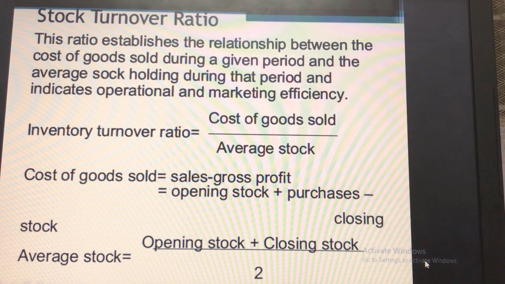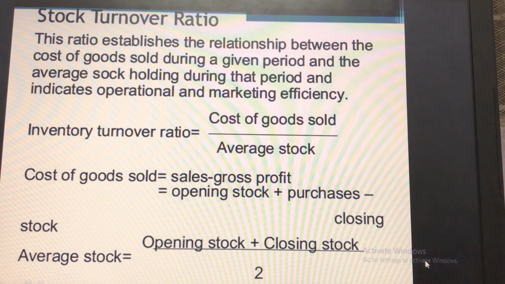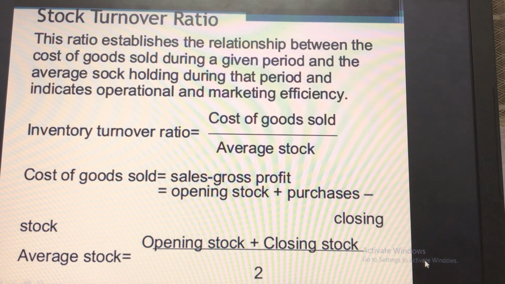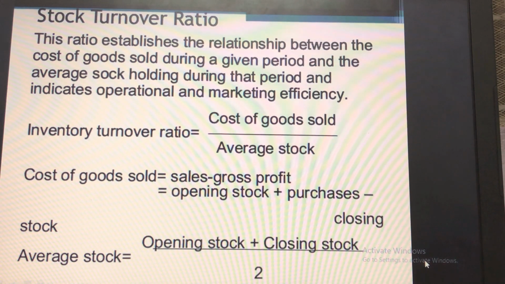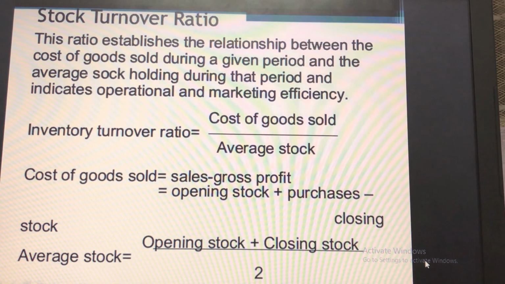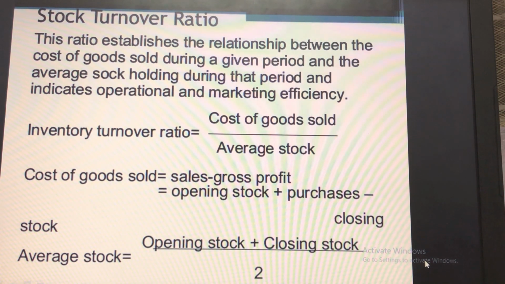Here, cost of goods sold is equal to sales minus gross profit plus opening stock plus purchases minus closing stock. Here, the cost of goods sold is equal to nothing but our trading account, because all debit side items we are adding and we are reducing all credit side items.